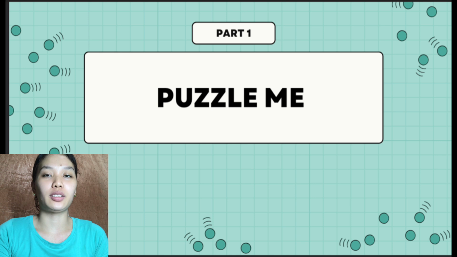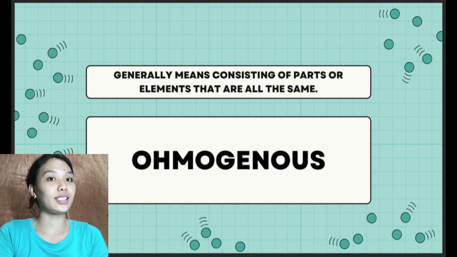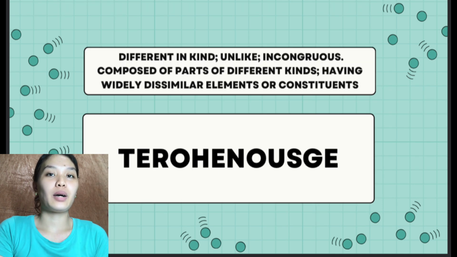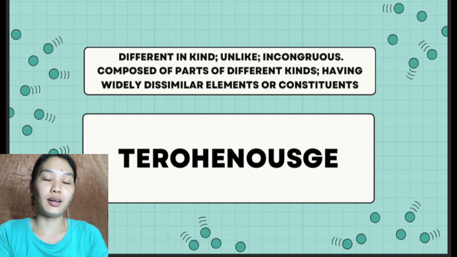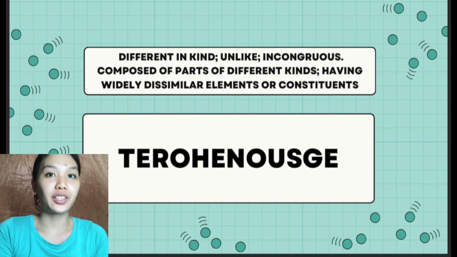So, part one, it generally means consisting of parts or elements that are all the same. So, what is this? Yes, homogeneous. So, how about this one? It is different in kind, unlike, incongruous, new word, no?